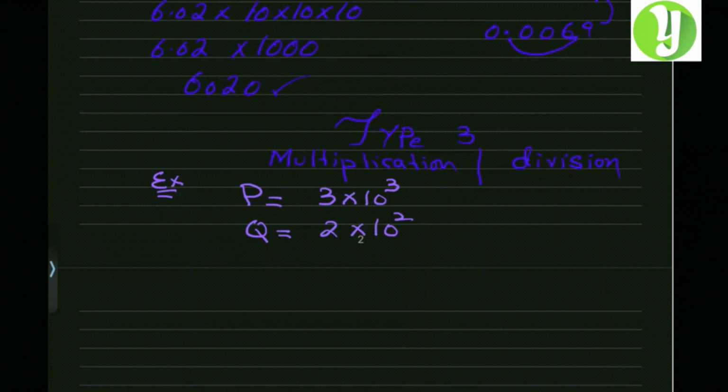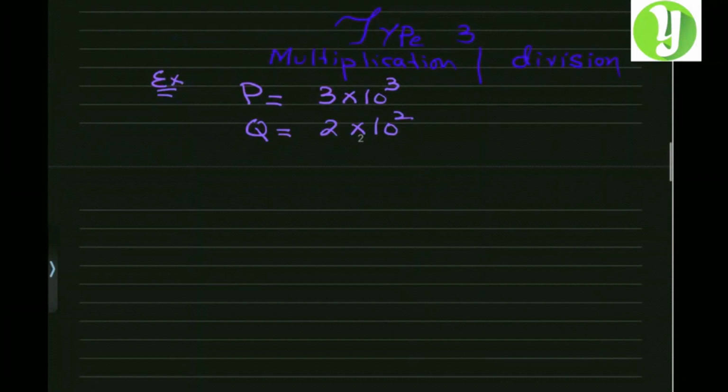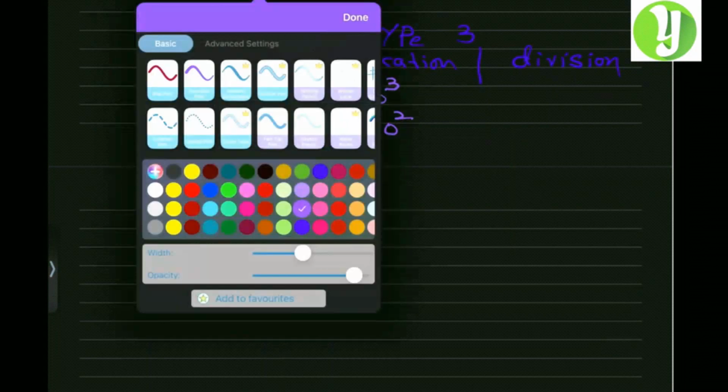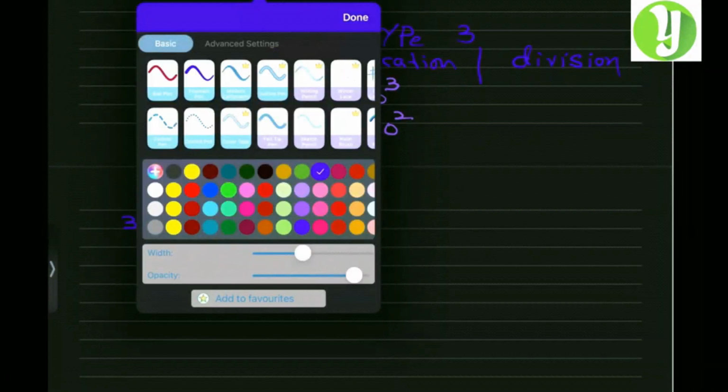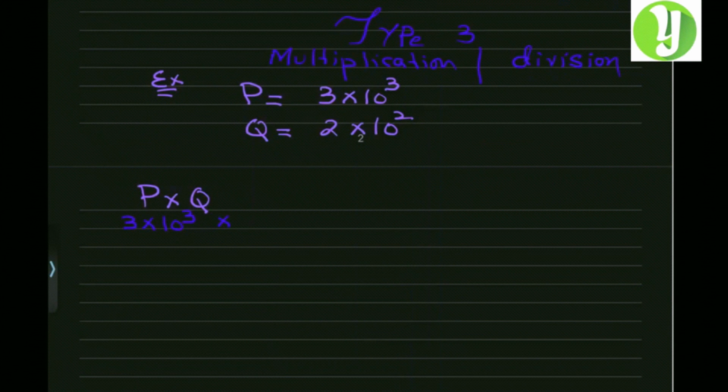First of all, we have to perform the multiplication, so we have to perform p times q. First of all, you have to just substitute the values of p and q. So p is 3 times 10 power of 3 times q, and q is 2 times 10 power of 2.